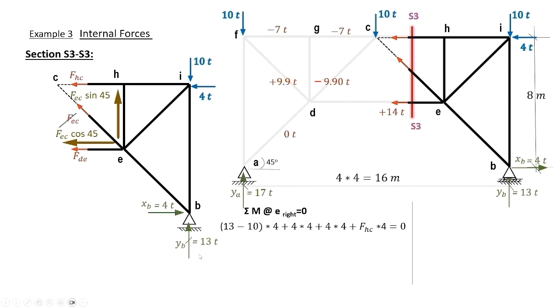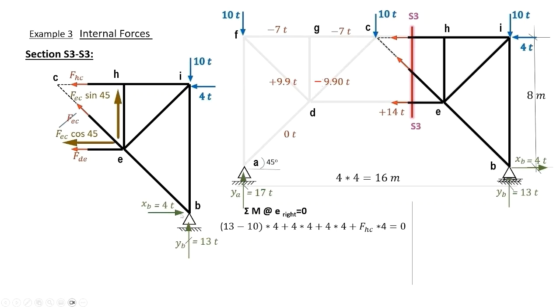We considered here that the rotation in the counterclockwise direction is positive, and therefore the 4 tons, blue here, multiplied by the vertical arm is rotating counterclockwise and has a positive sign.